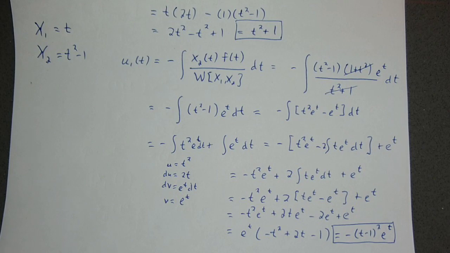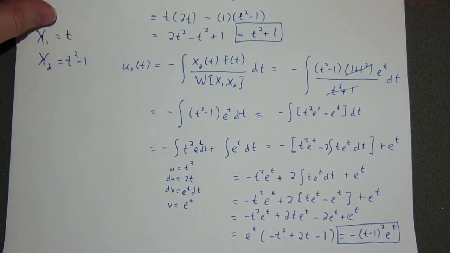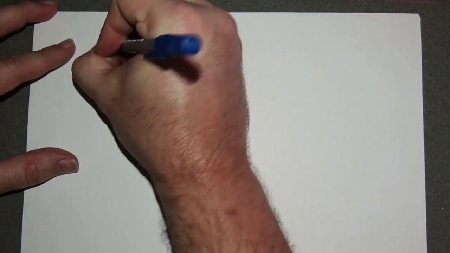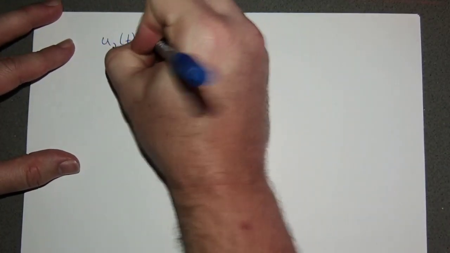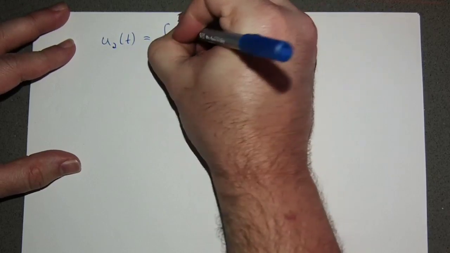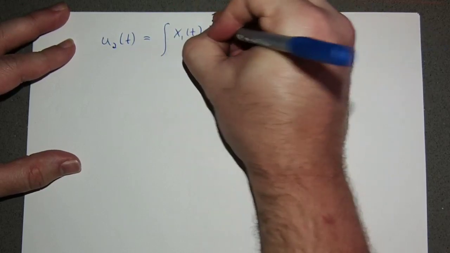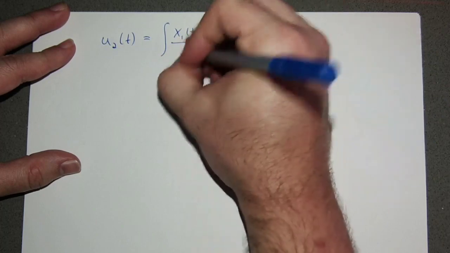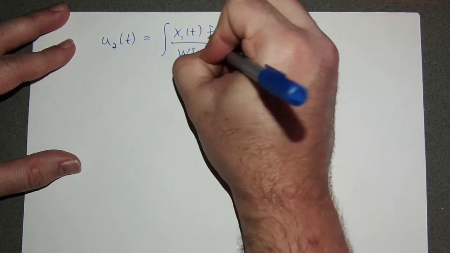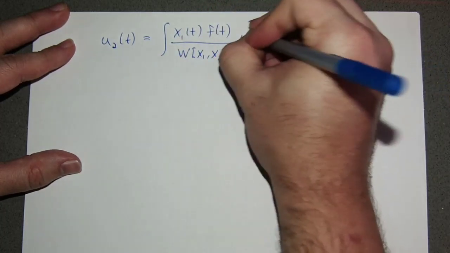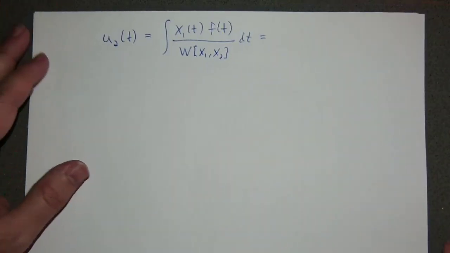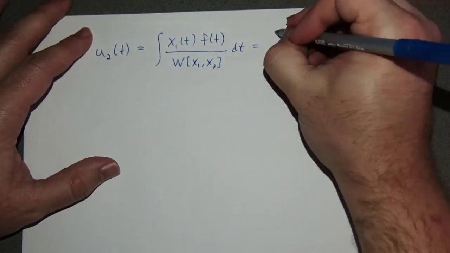All right. So let's compute u sub 2 of t. So u sub 2 of t is the integral of x sub 1 of t f of t over the Wronskian of x sub 1, x sub 2 dt. So x sub 1 here was t.